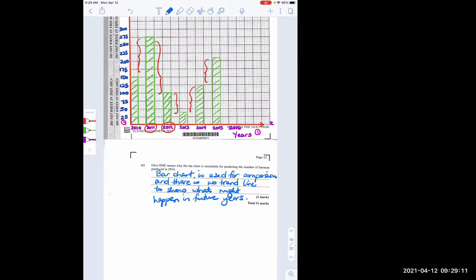If you say that, you should be able to get your mark. But you have to include the word increasing or decreasing. Because saying that it's not consistent is a little bit ambiguous. Consistent in what? It's leaving me to wonder what you're trying to say, right?